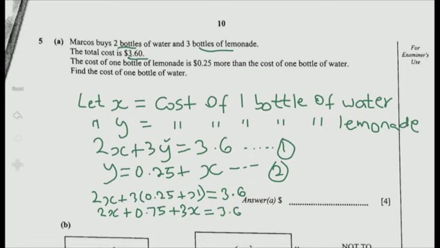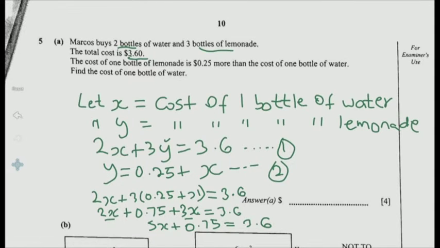Looking at this expression, you can see like terms, that is 2x and 3x. Collecting those two, 2x plus 3x gives you 5x, plus 0.75 is equal to 3.6.